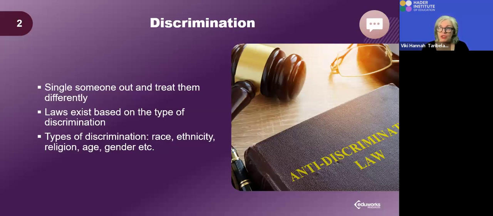It's discrimination if somebody else is favoured over another person, or if someone is denied access, equity, and inclusivity as others might be. Laws exist based on the type of discrimination, so that's for courts to decide. So a legal person would interpret that, and you would refer your clients over to the Human Rights Commissioner.